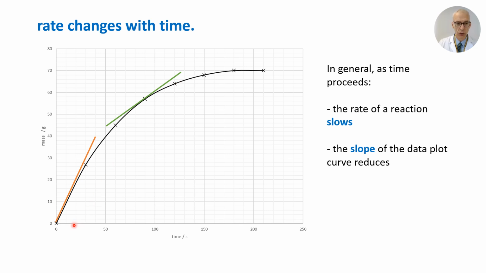Therefore, we can conclude that initially the reaction is faster, and then after 90 seconds, it is slower. After around about 190 seconds, or perhaps a bit before, we can see that the gradient of the tangent to the curve actually becomes 0. That is, the reaction has finished.